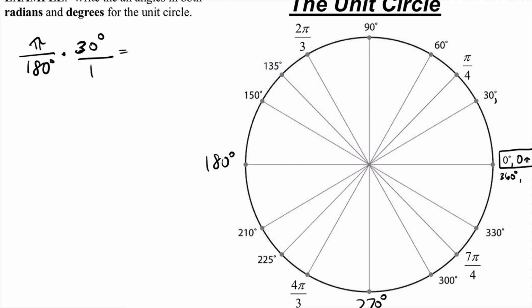Okay. Multiply straight across. You get 30 pi, or 30 degrees pi. And then you multiply the bottom straight across, and you get 180 degrees, right? Well, what's going to cancel out? Degrees are going to cancel out.